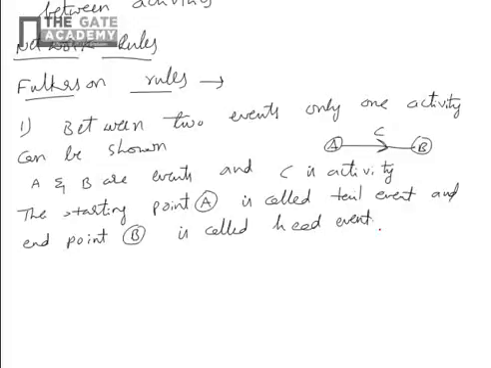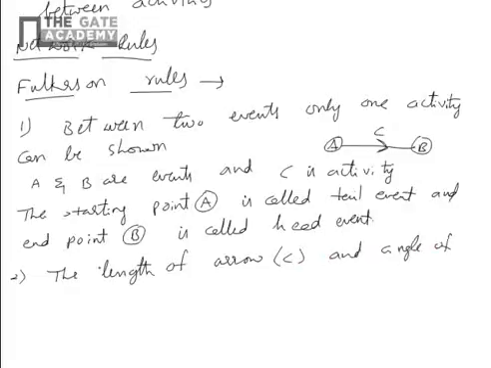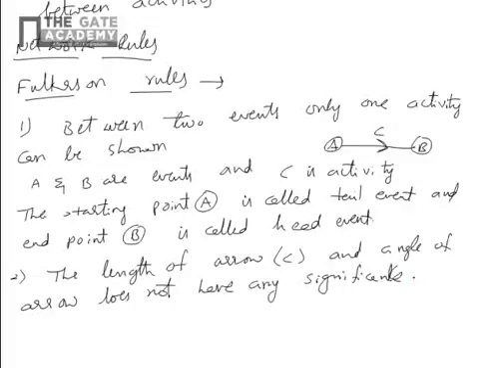Second point. The length of the arrow, which is shown as C, and the angle of the arrow do not have any significance. Between two events, only one activity is shown.